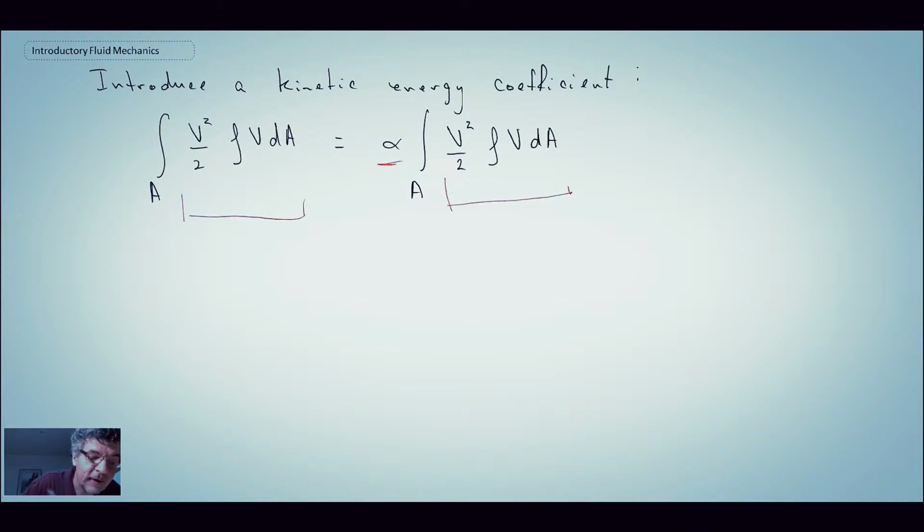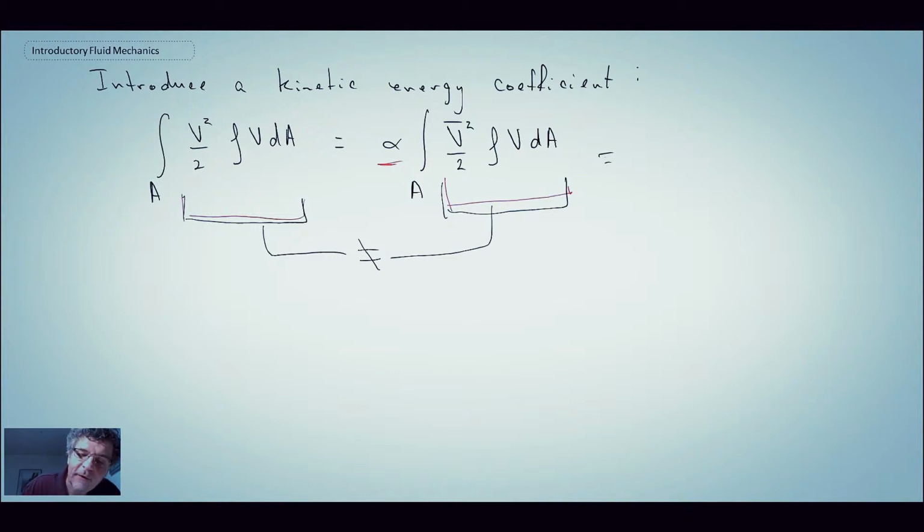Now I am going to recast this as being the average velocity across the channel, and consequently that value of alpha would now come into effect, where this integral here will not equal that integral. So those two are no longer equal, and we need to have this correction factor alpha.